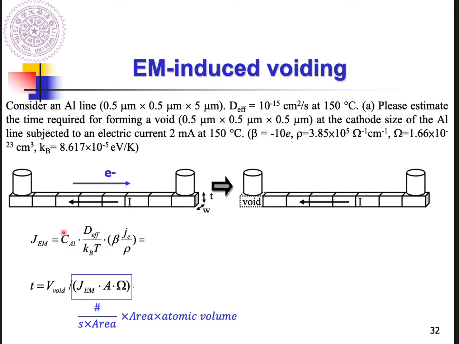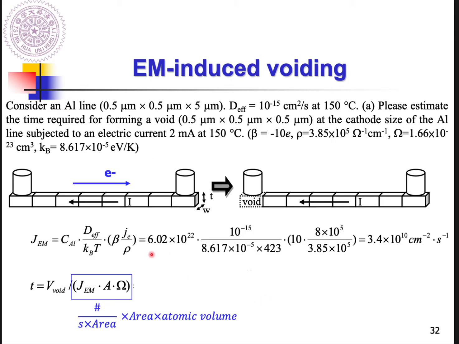Mobility, concentration, and the driving force. So mobility would be diffusivity over kT. Concentration would be the concentration of alumina. So this J_EM is atomic flux of alumina. And the driving force is beta E, right? So regarding the concentration of alumina, actually it looks like a pure metal, right?